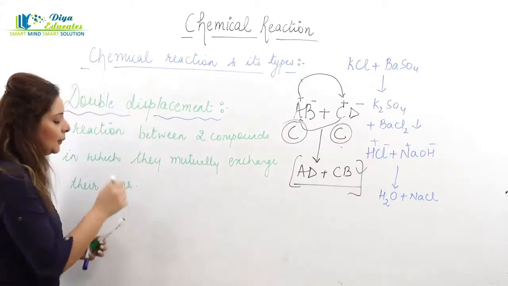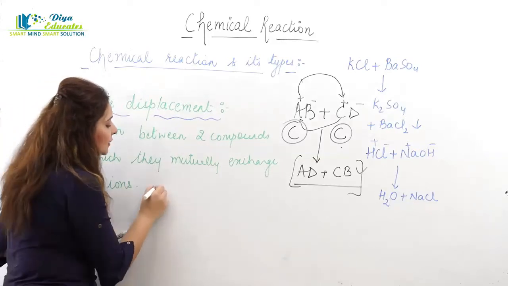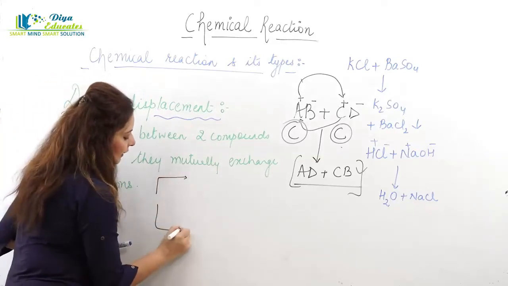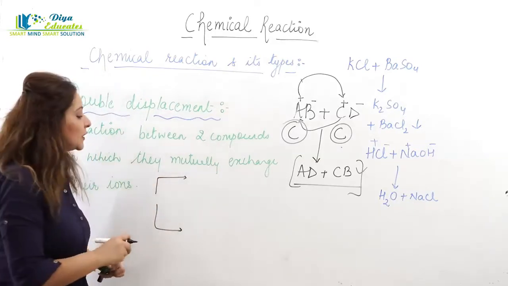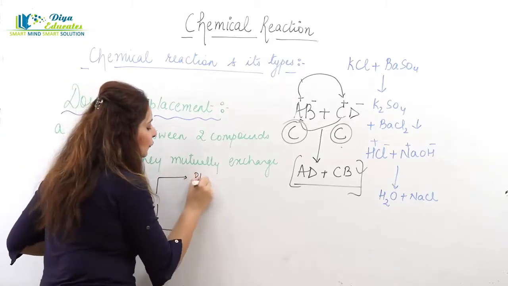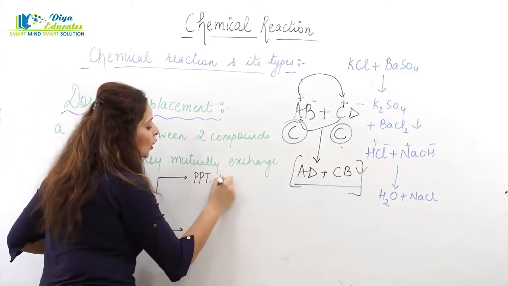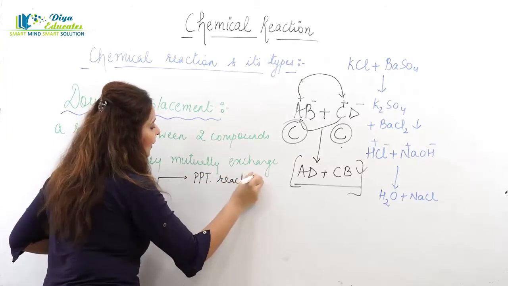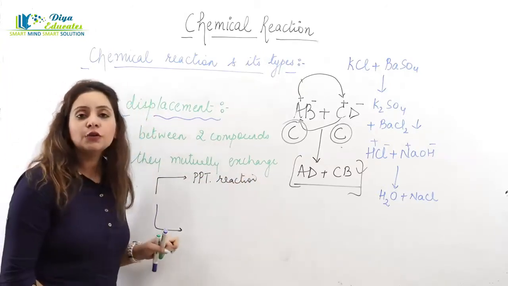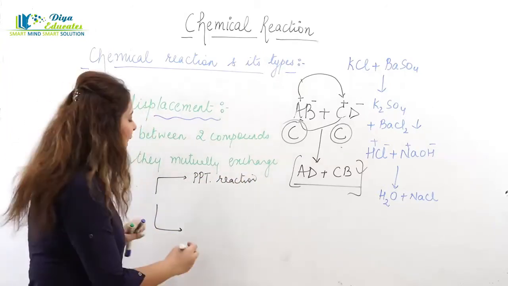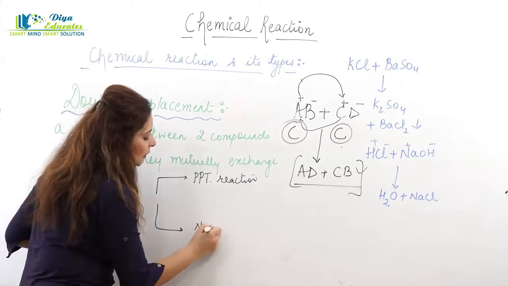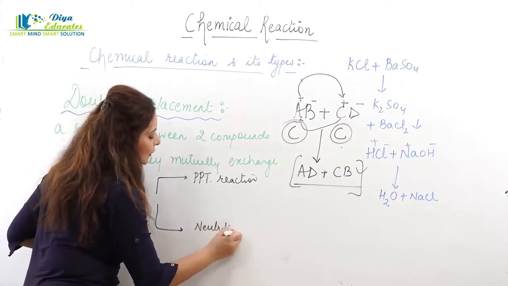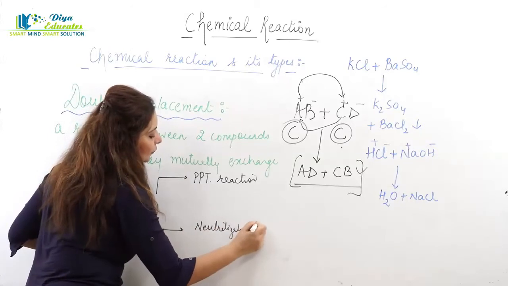Now this double displacement reaction is of two types. Either it leads to the formation of a precipitate, so it is called a precipitation reaction, or it may lead to the formation of a neutral substance, so the reaction may be called a neutralization reaction, right?